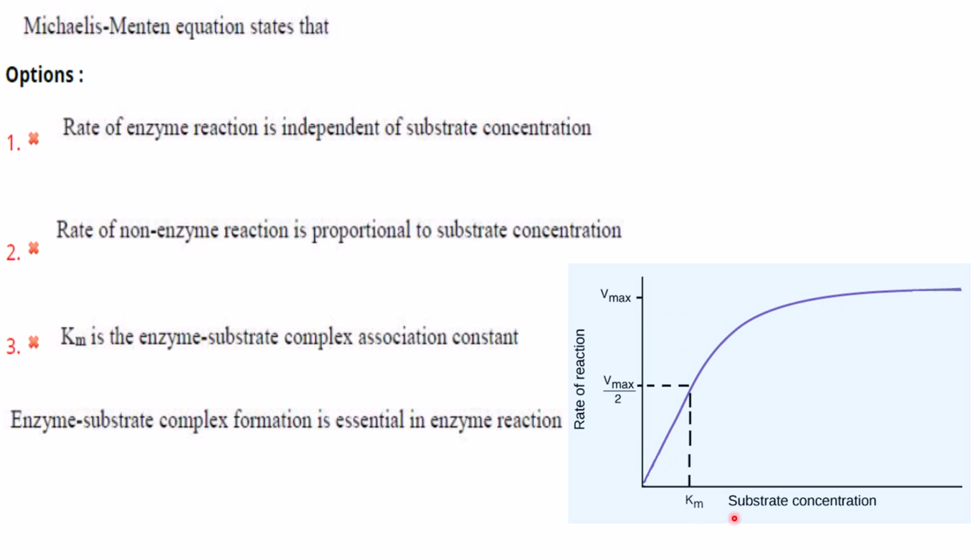Here, as the substrate concentration increases, enzyme substrate complex formation is also increasing. And at higher substrate concentration, all the enzyme molecules are complexed with their substrate. So fourth is the answer.